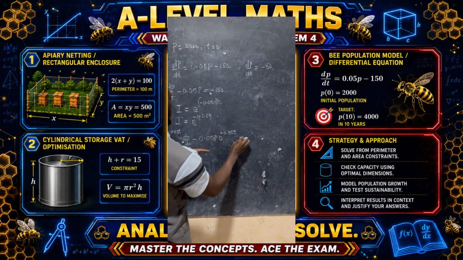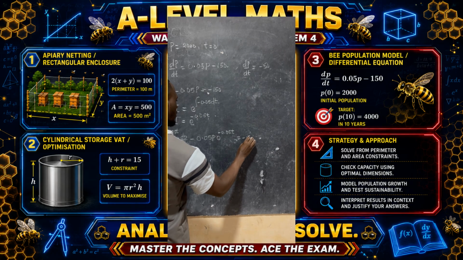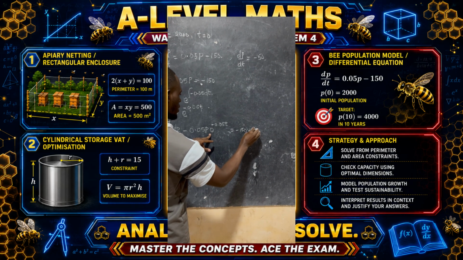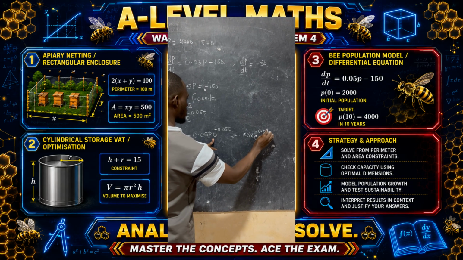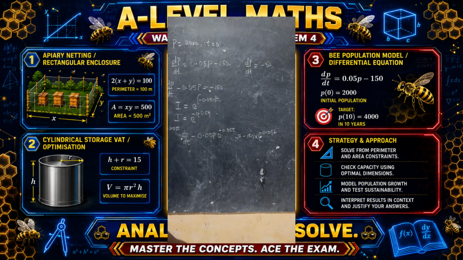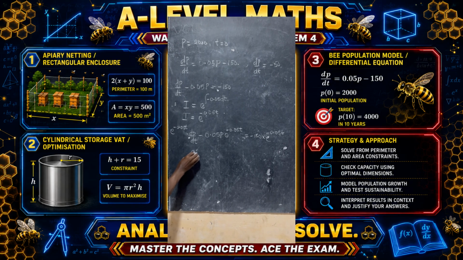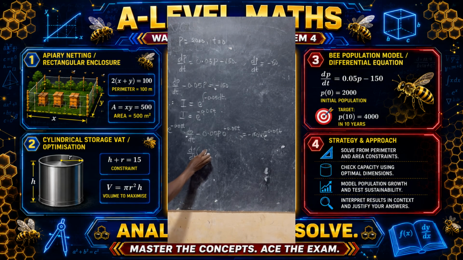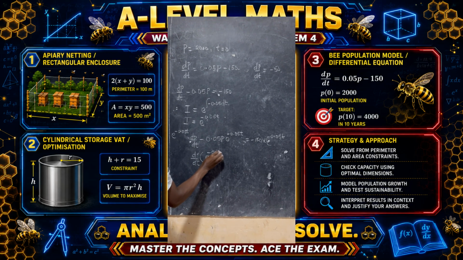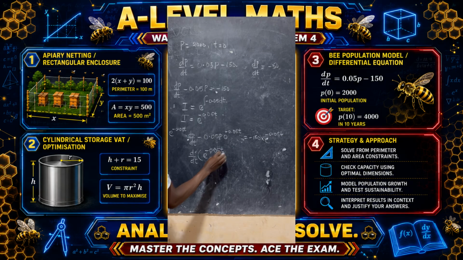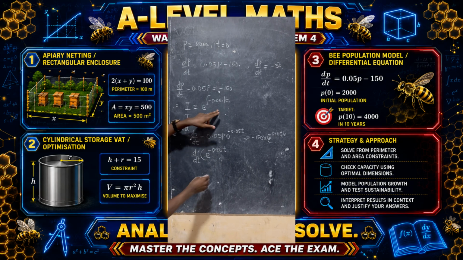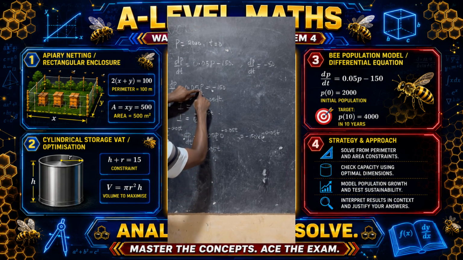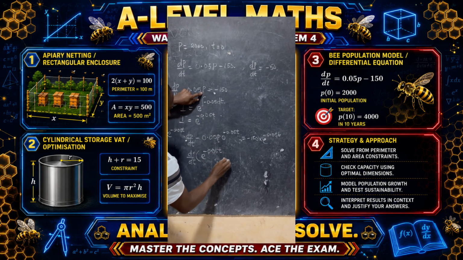Also, this side, negative 150 times my integrating factor that I've established, which is exponential negative 0.05t. Then d/dt of my integrating factor, which is exponential negative 0.05t, times the coefficient, the p, times this p here.